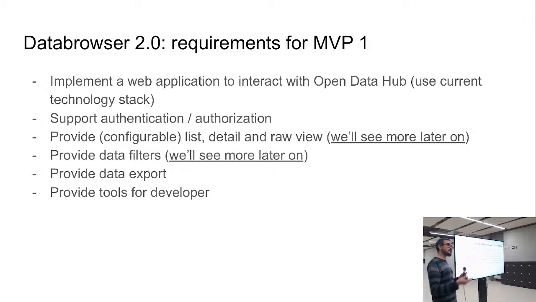And there's some simple stuff that you can do to make the life of a developer easier. For example, you can provide the URLs that are used to fetch the data, or you can provide the responses in a way that a developer can work with. For example, you can show the JSON of the response. That's something a developer can take a look at and get a first impression of what is going on.